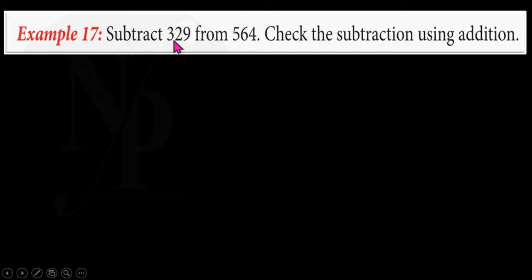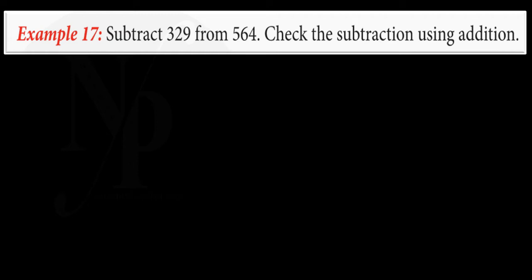First one is we have to subtract 329 from 564. And the second thing is we have to check whether this subtraction done is correct or not using addition.